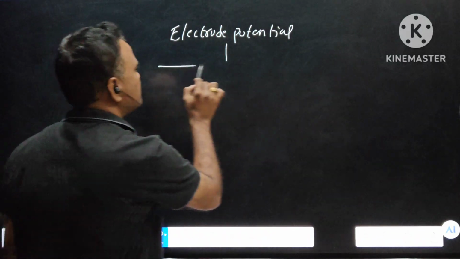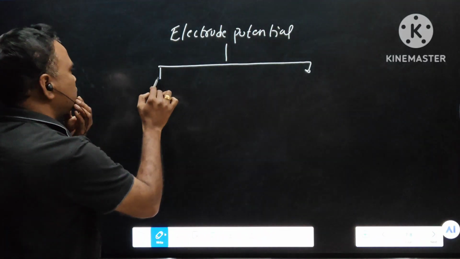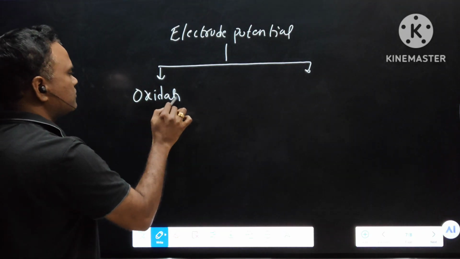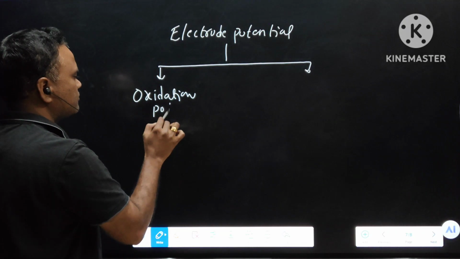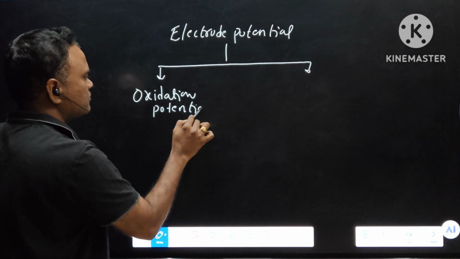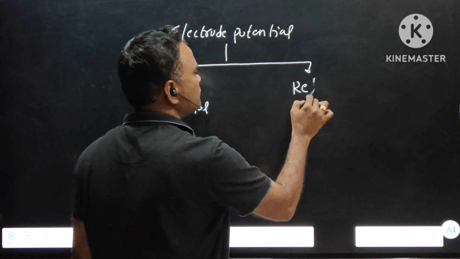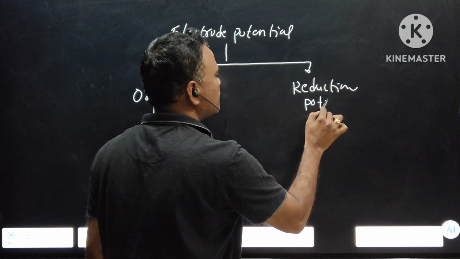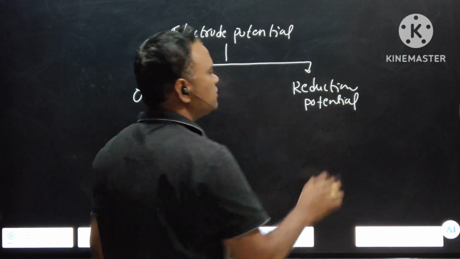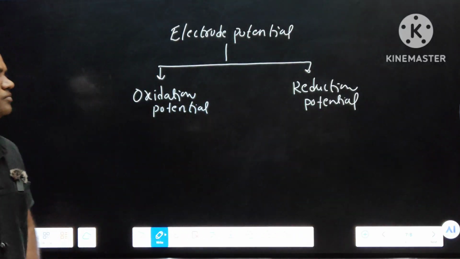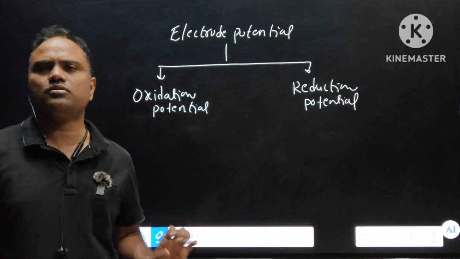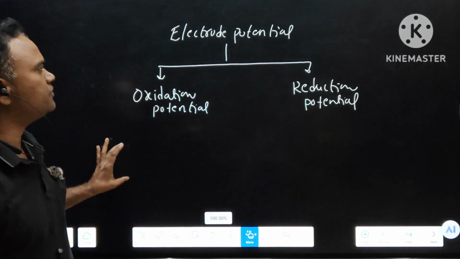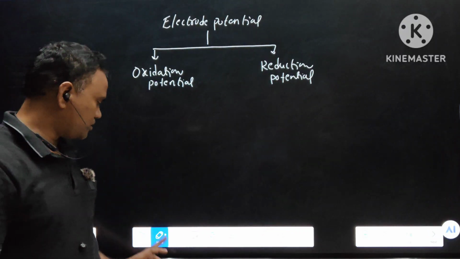This is classified into two types, oxidation potential and reduction potential. I have given the same definition, no need to worry. What I am explaining, I have given like that only. You can follow. In simple terminology, I have given the definitions. The second part is important.